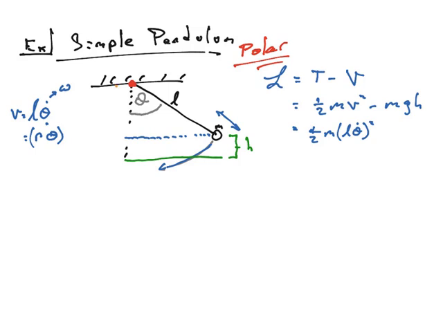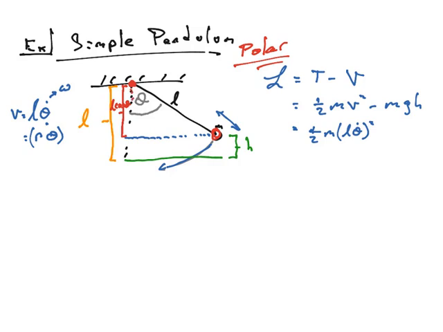Well, it's from here all the way down to the lowest point. That's L, the length of the string. My mass can't get any lower than however long the string is, L. But when it gets to this point over here, that height right here, that's L cosine theta, right?